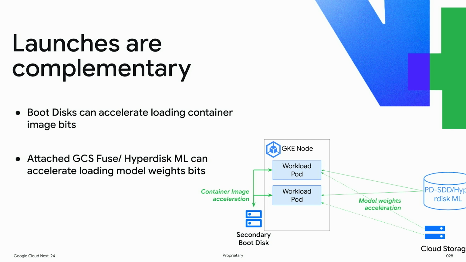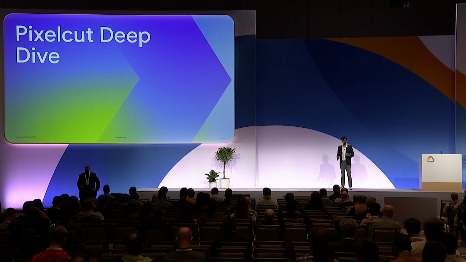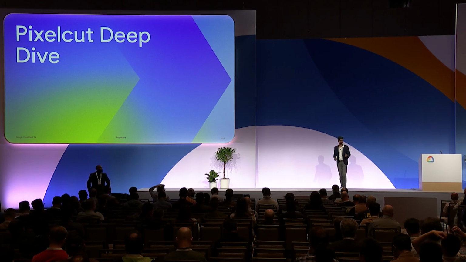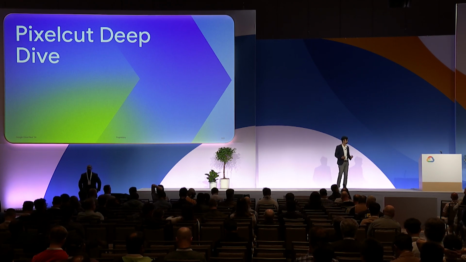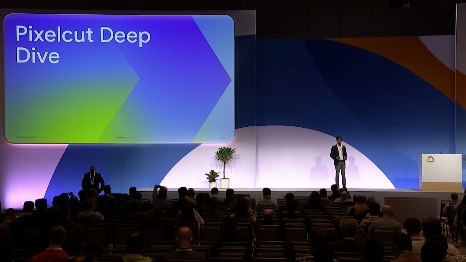Both of them are really complementary, and this is how we're thinking and positioning this for customers, and we hope that will be the way customers consume this pattern. So we took a look at training and inference and some data on Kubernetes evolution. I'm going to call on Prasanth to show how PixelCut used some of these features to drive value for his customers.